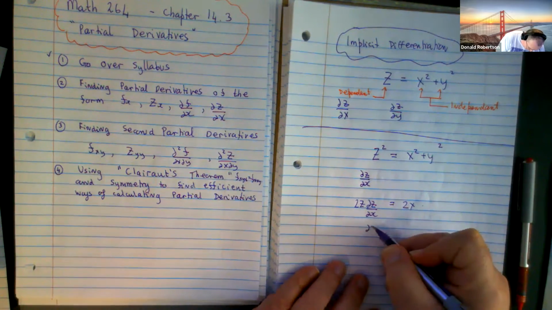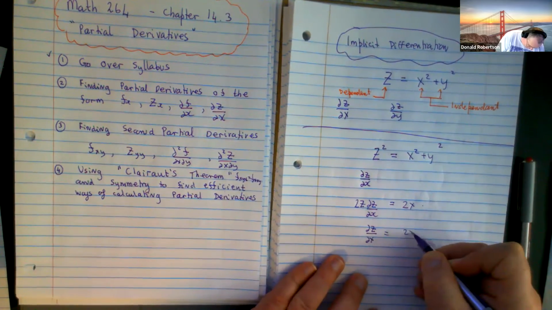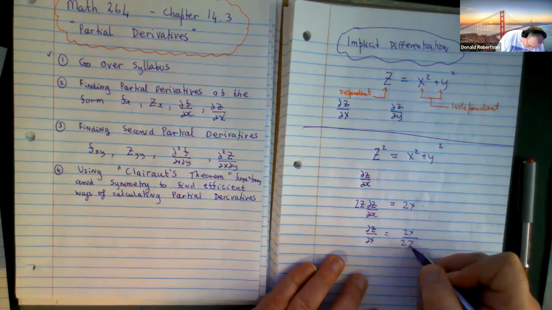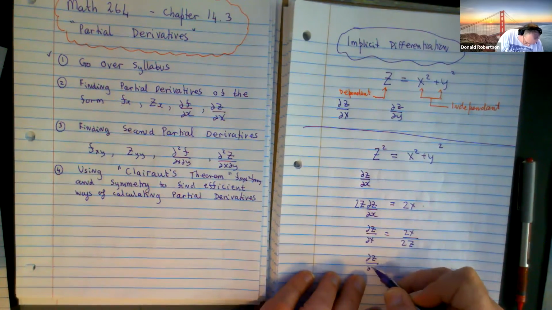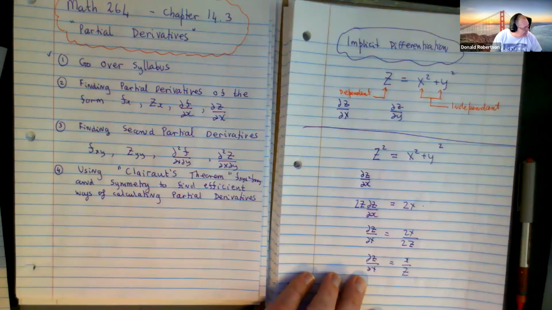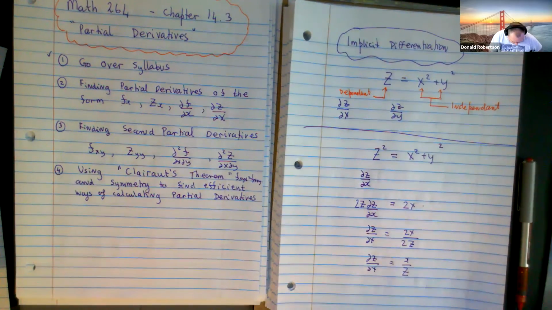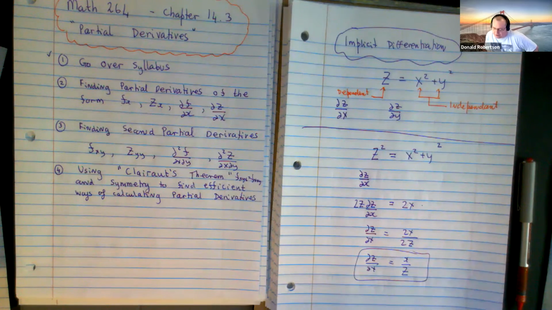And so isn't dz by dx 2x over 2z, which actually becomes, because you can simplify, x over z. And that's okay. The answer is allowed to have z. And we call that implicit differentiation.